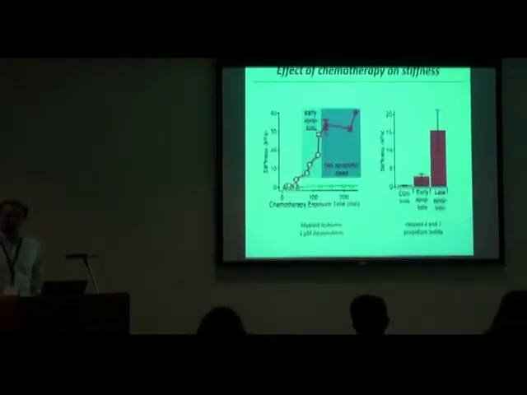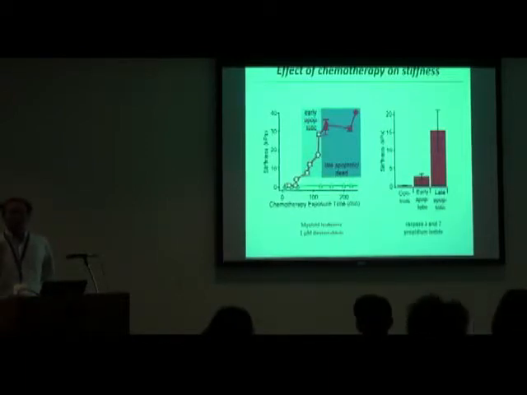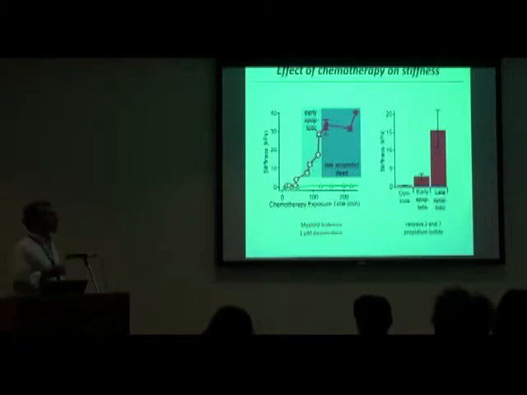Now, perhaps more interesting is how you treat leukemia and what effect that has on stiffness. The standard way of treating leukemia is chemotherapy. So you give a drug that essentially kills white blood cells. It kills many cells, but in particular, white blood cells.